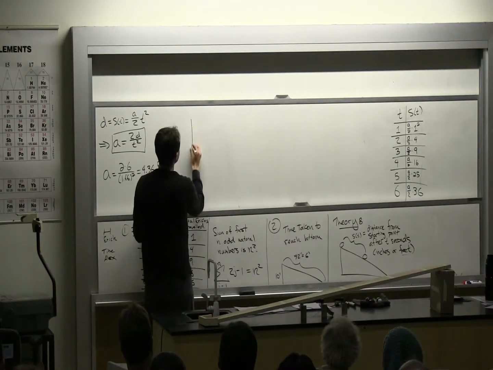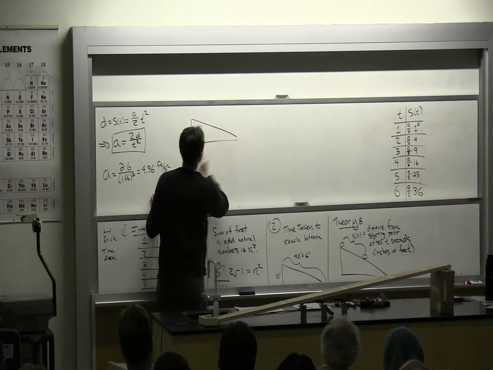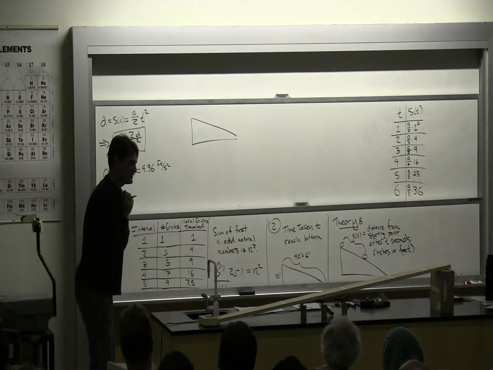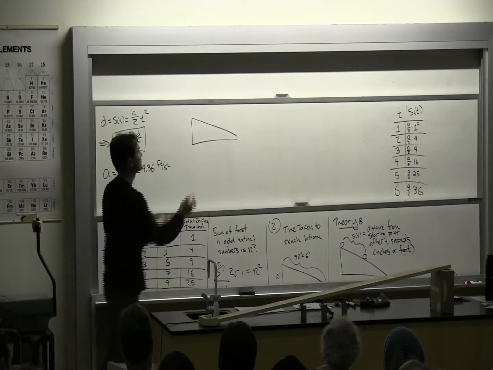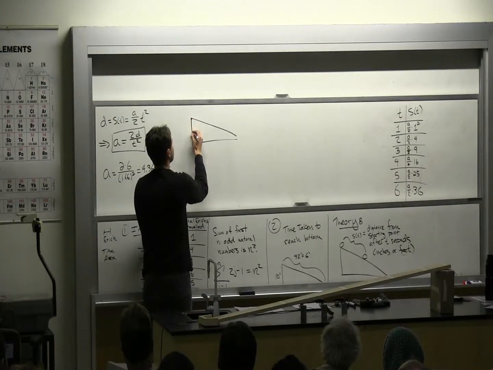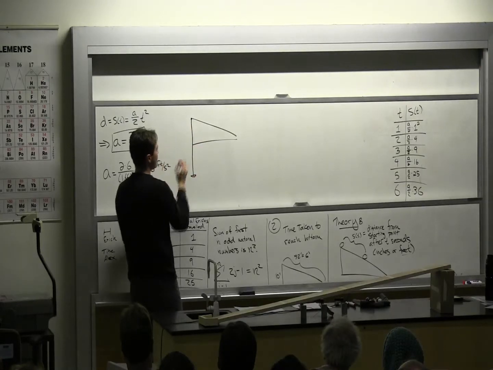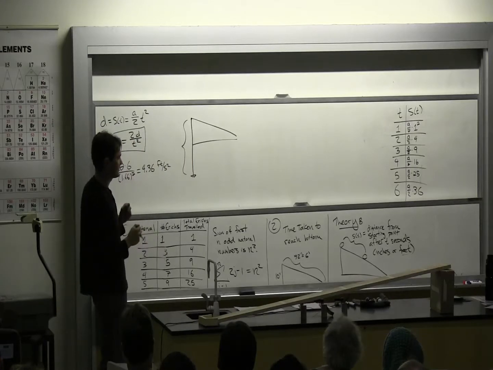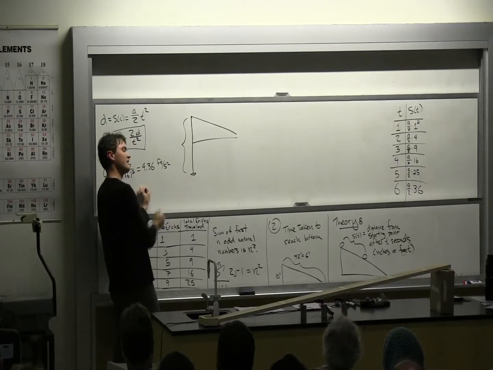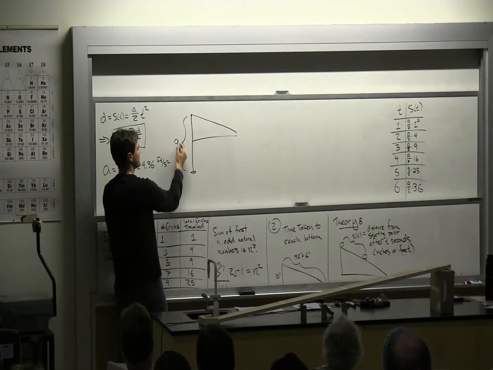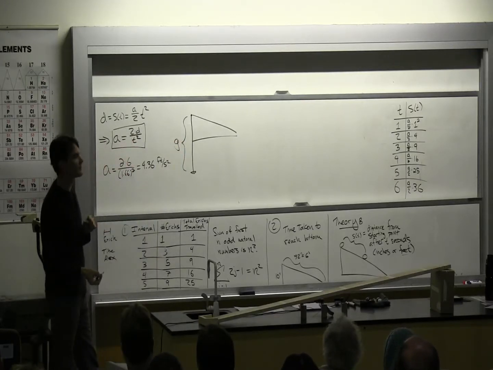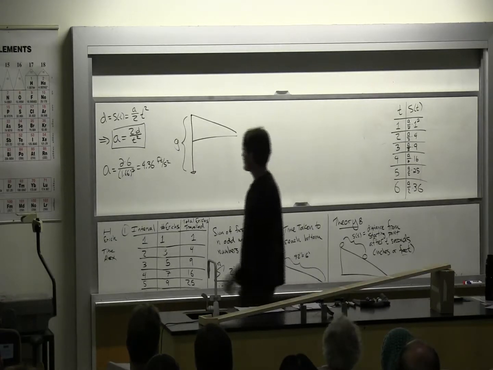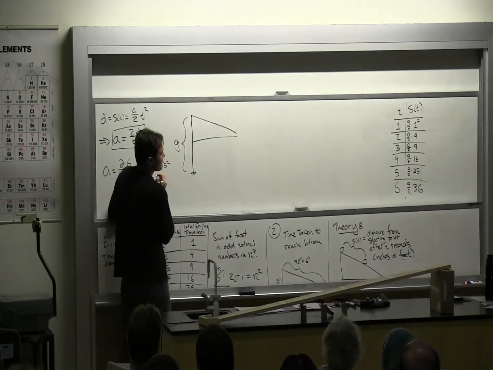Okay, so we have this ramp right here, and now acceleration due to gravity, you can represent this as a downward pointing vector. And the length of that vector is exactly the value of acceleration due to gravity, the acceleration of an object in free fall. And the most common variable for that is g. We're going to call that g. And now what happens is when you roll the ball down the ramp, the acceleration gets split up into 2 vectors.